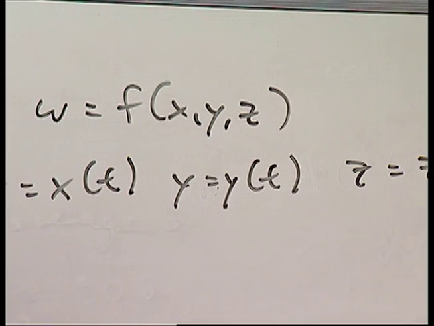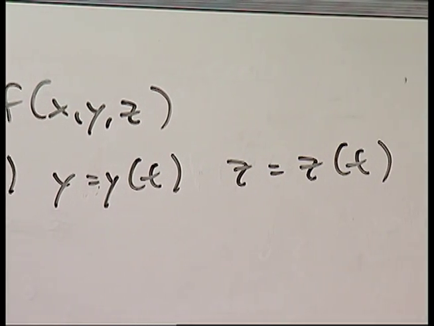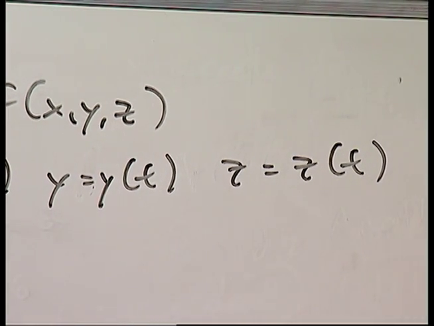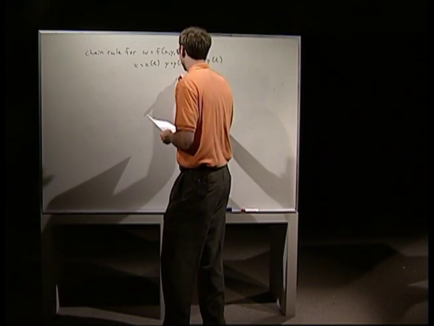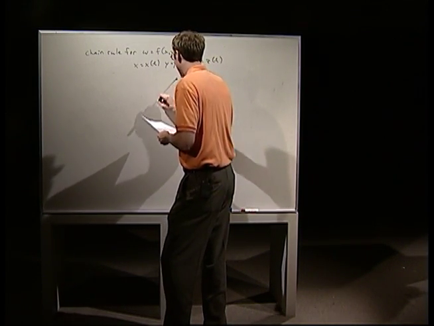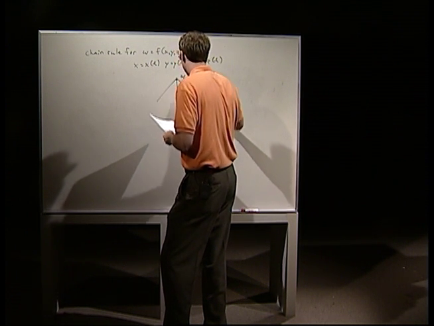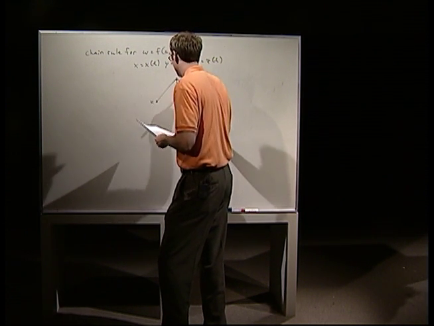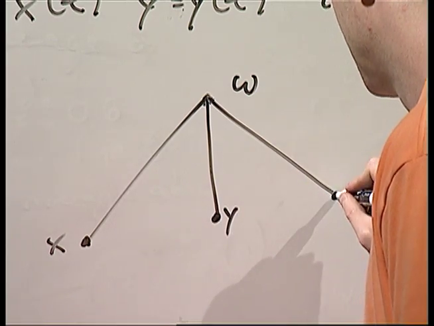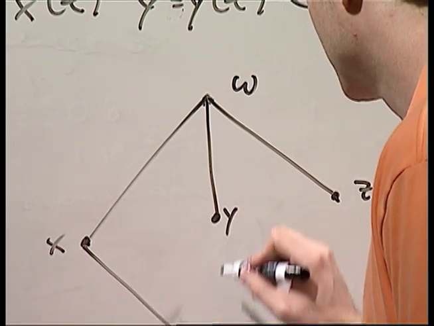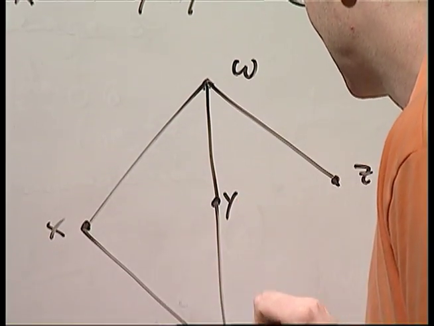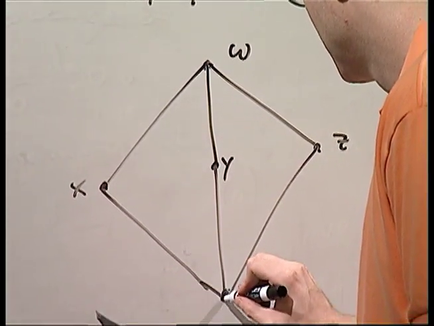So here, 3 variables, but each one is a function of one other variable. The picture is essentially analogous. Rather than having 2 branches to go to, you have 3. You have 3 intermediate variables, x, y, and z. However, they still all link up in the end to t.